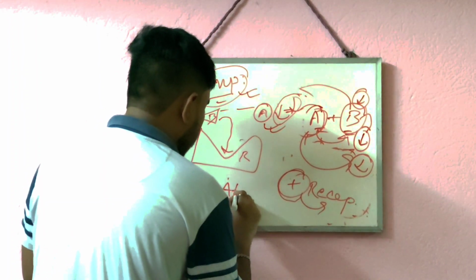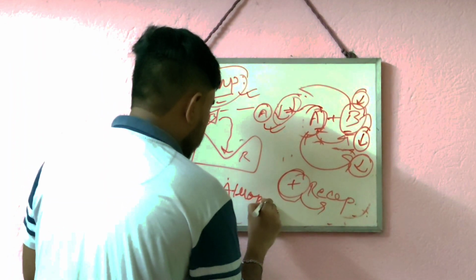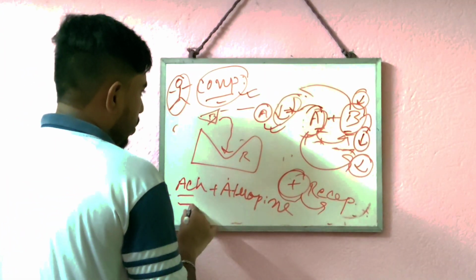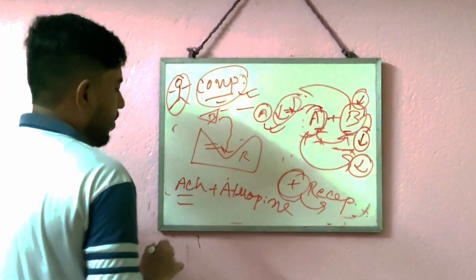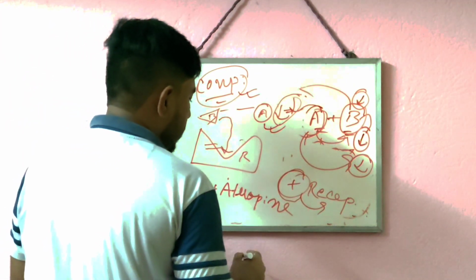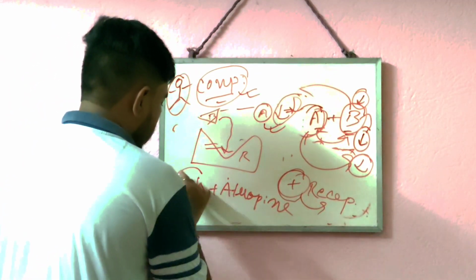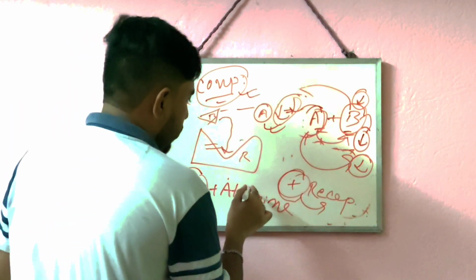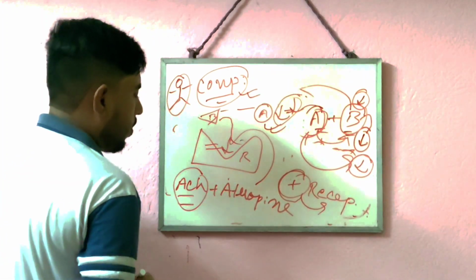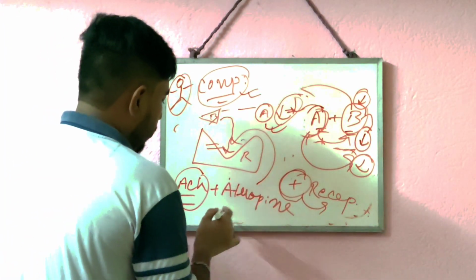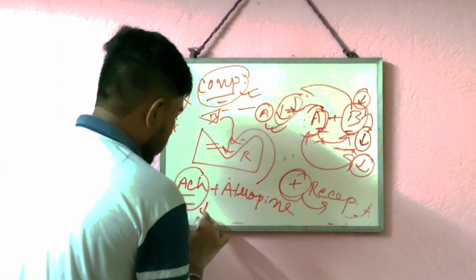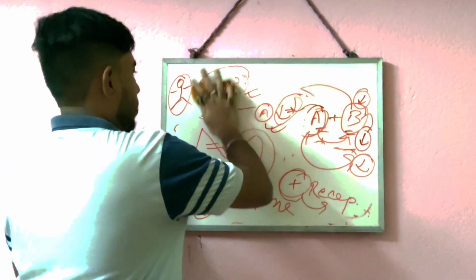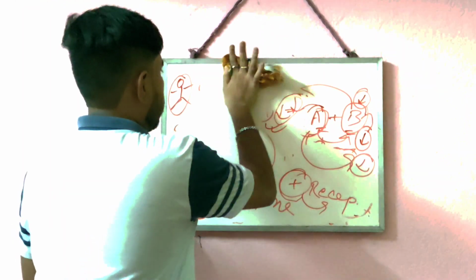When acetylcholine and atropine are administered into the body, one drug is going to bind with the active site of the receptor and inhibit the action of the other drug, that is acetylcholine. So atropine will compete with acetylcholine and sit into the active site of the receptor, and by that atropine is going to inhibit the action of acetylcholine. So that is competitive receptor antagonism.